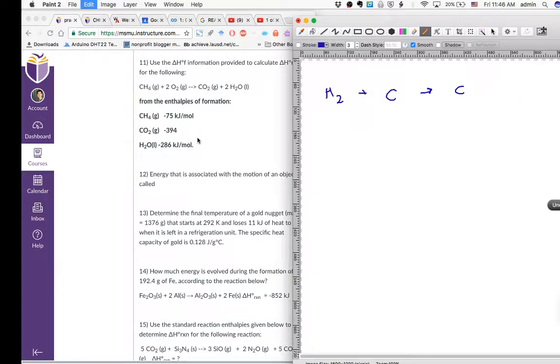You can work this out with Hess's Law, but you don't have to because of the special nature of formation reactions. This is the target equation. I want to know what is the heat of reaction for this. All you have to do is add up all the products' heats of formation, and subtract from that the sum of all the reactants' heats of formation. It's the products minus the reactants, folks.